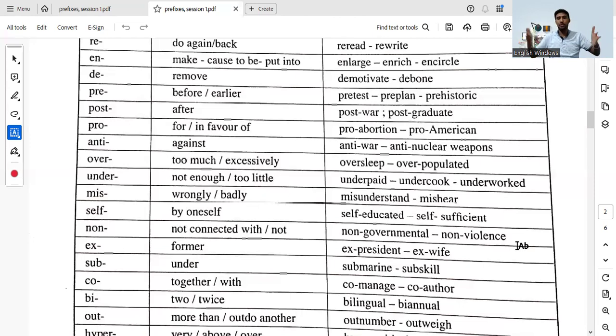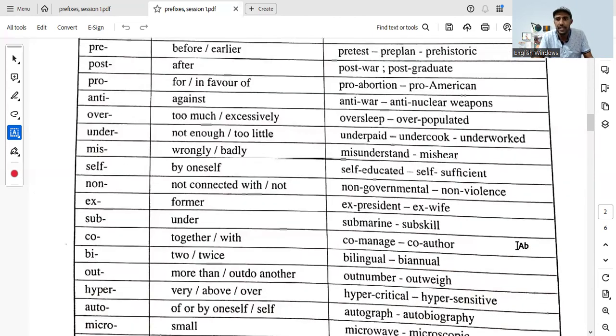Non-violent protests means these are peaceful protests, right? There is no violence, nothing that violates the rules and so on.